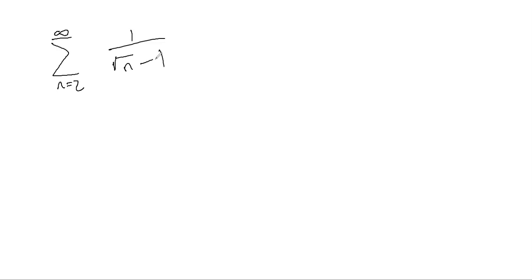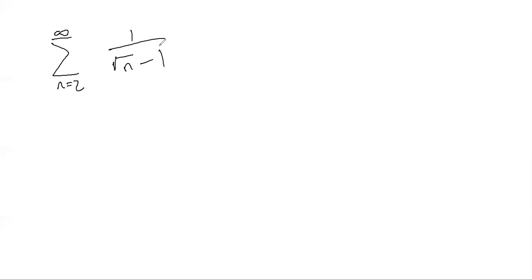Now, I want to figure out if this series converges or diverges. This is section 11.4, so I automatically know I want to use the comparison test. But even if this wasn't in section 11.4, I need to be able to see that this is a comparison test problem, especially for the final.